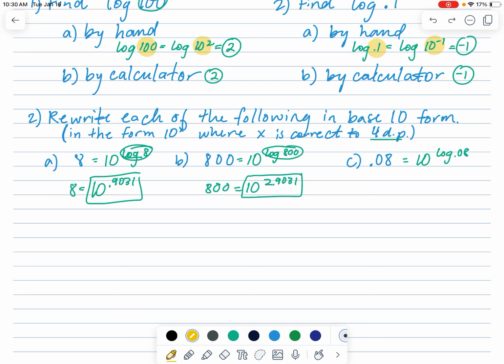And so here you type in log 0.08, you get negative 1.09. We need 4 decimal places, which actually rounds us up to 70. Negative 1.0970 is another way to write 0.08.